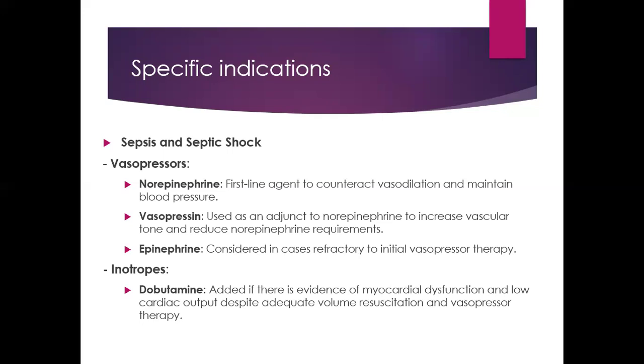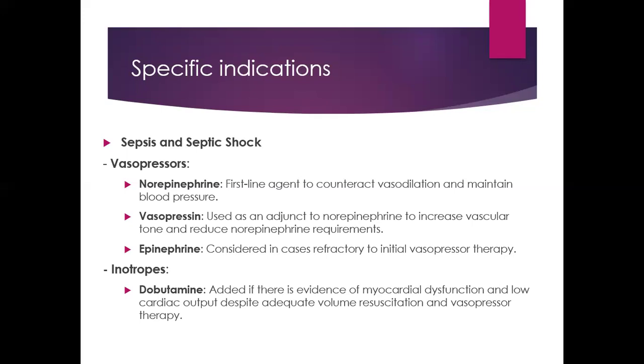All right, epinephrine comes a distant third in our choice and is actually added as a second vasopressor or even third vasopressor for patients who have refractory septic shock. Really, I add dobutamine as my third agent when we have echocardiography evidence of myocardial dysfunction, patients with ejection fraction less than 40, and they're having low cardiac output despite your maximum doses of vasopressor.